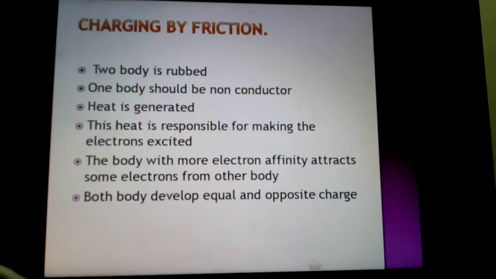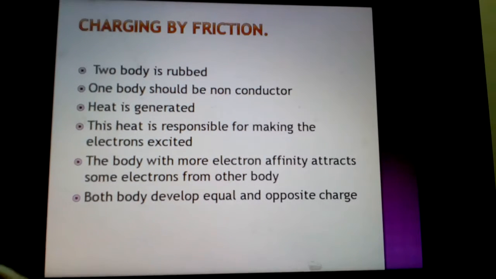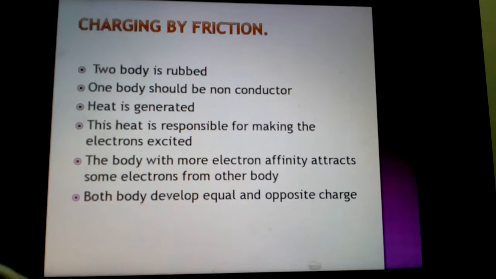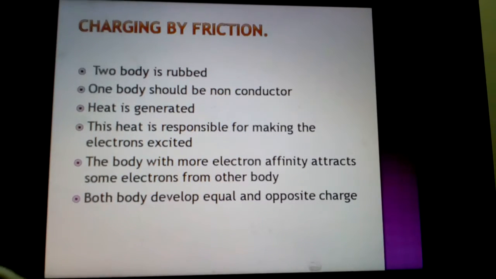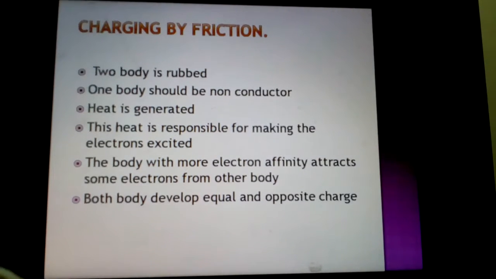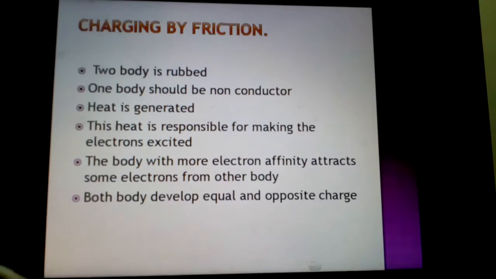Now, first we are going to discuss in brief charging by friction. In charging by friction, we take two bodies and they are rubbed against each other. Rubbed means the rubbing takes place against their relative motion. Among the two bodies, at least one body must be a non-conductor.